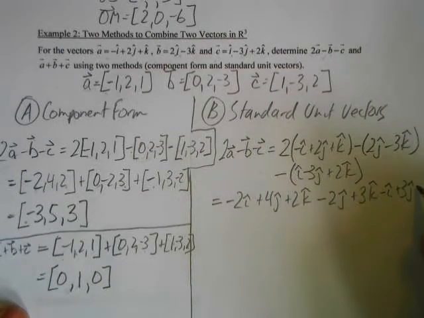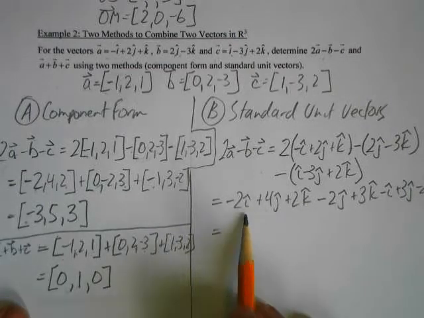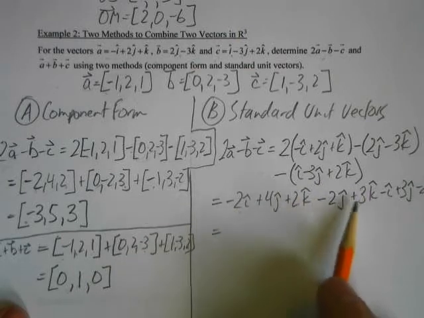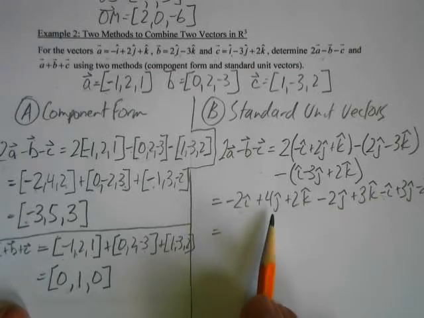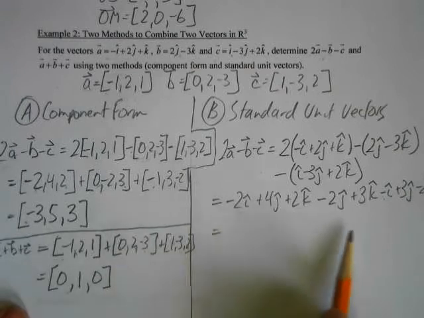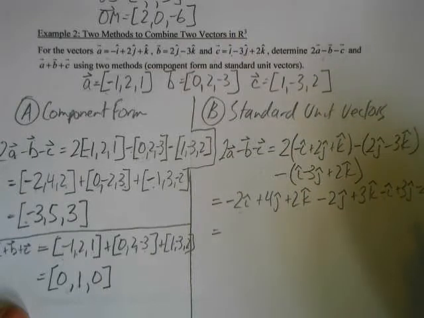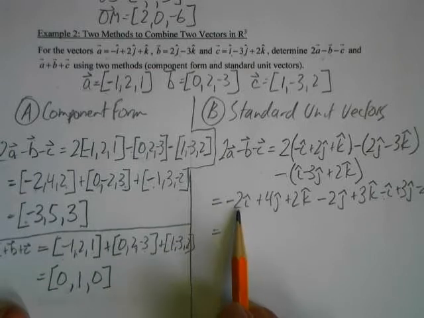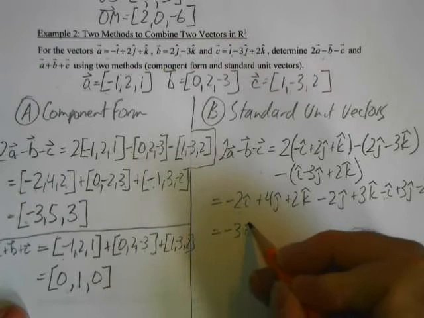And now we can combine, basically think of it as like terms. We have negative 2i hat, we don't have any i hats here, plus, minus 1 i hat. So that's not a minus, that's a plus. So minus, hold on one sec. Yeah, so minus 2i hat minus 1i hat is minus 3i hat.